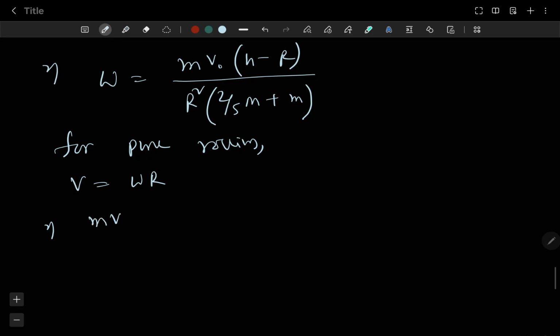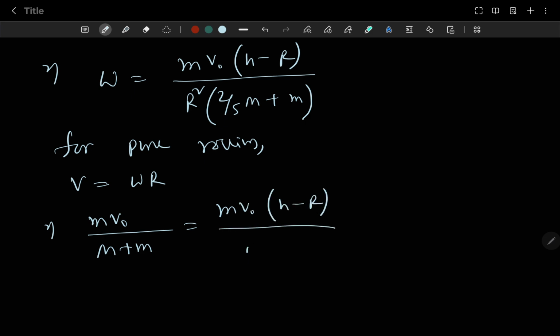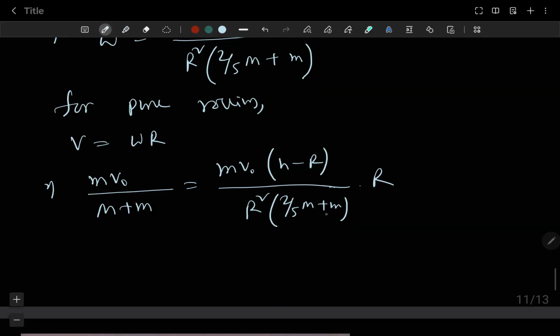V we know, mv0 by (M plus m) we have calculated. Omega we have calculated, mv0 (h minus r) by r square (2 by 5 M plus small m), into r. Now neglect this small m.